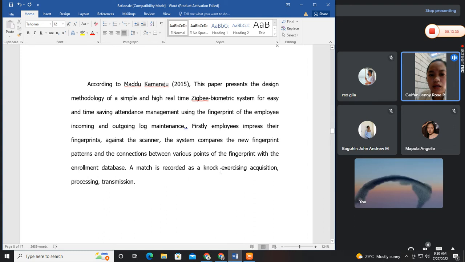Once the employees press their fingerprints against the scanner, the system compares fingerprint patterns and the connections between various points of the fingerprint with the enrollment database. A match is recorded, exercising acquisition, processing, and transmission.